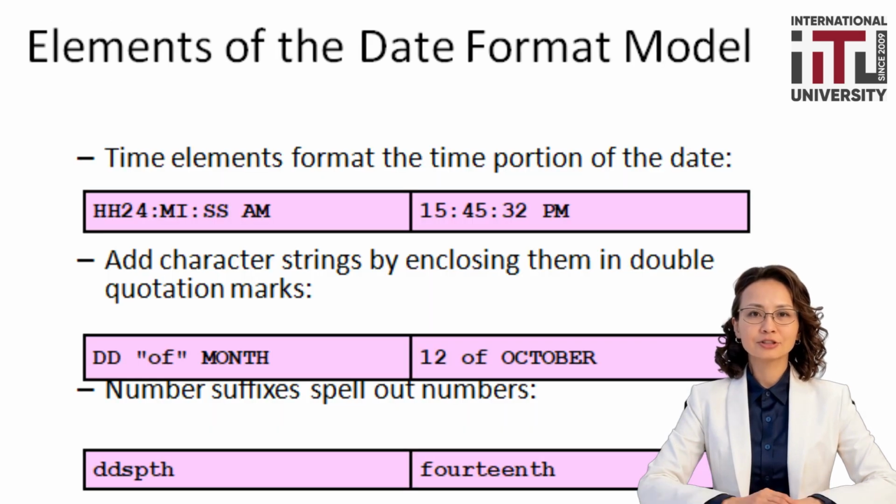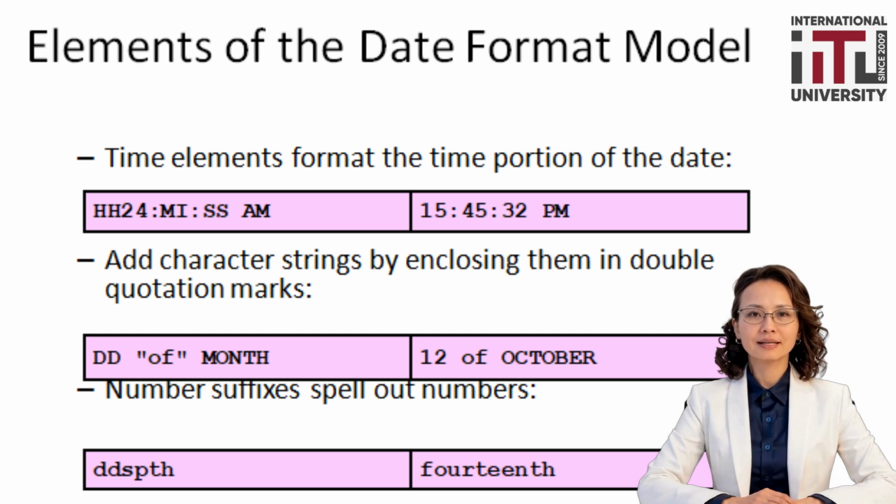This slide continues the discussion of date format model elements, focusing on additional formatting options. First, time elements allow you to format the time portion of a date. For example, HH24:MI:SS AM displays hours, minutes, seconds, and the AM/PM indicator. Second, you can include custom text in the output by enclosing it in double quotation marks.